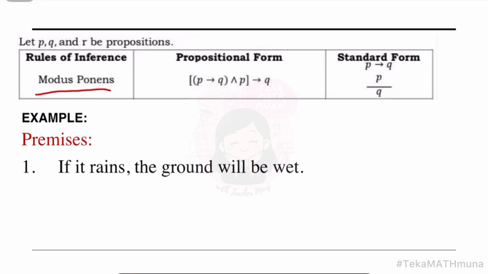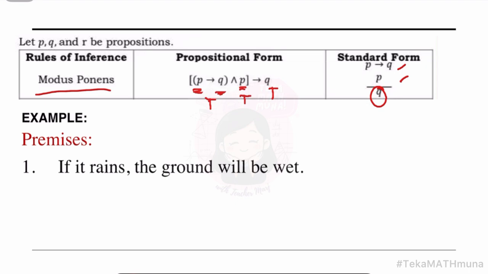If P then Q is true, and P is true, then Q must also be true. Symbolically, that is, if P then Q, and P, then that is the proposition Q.